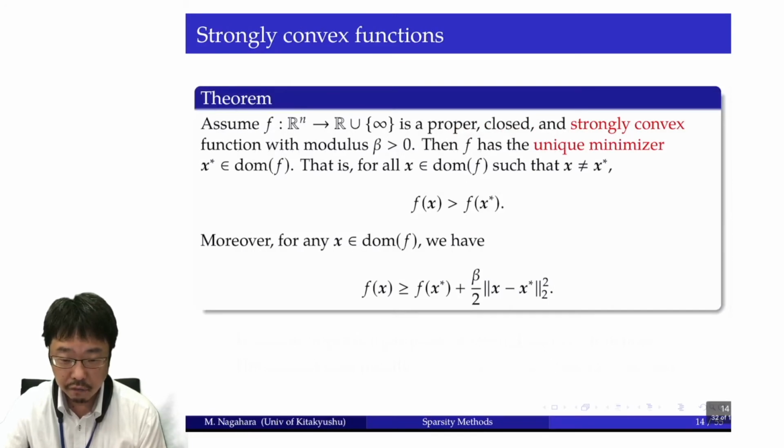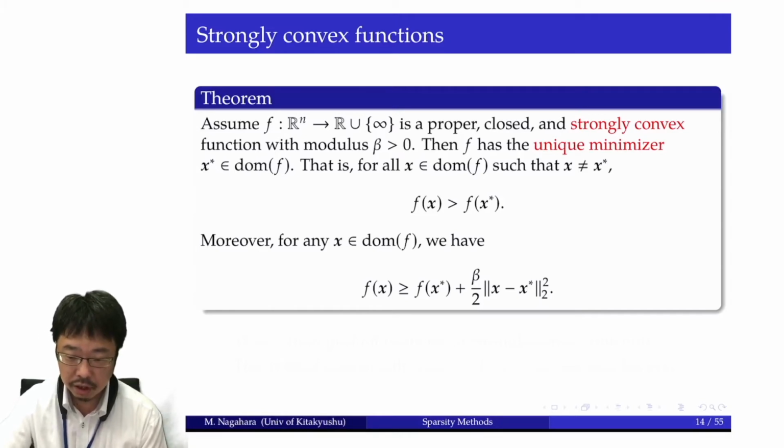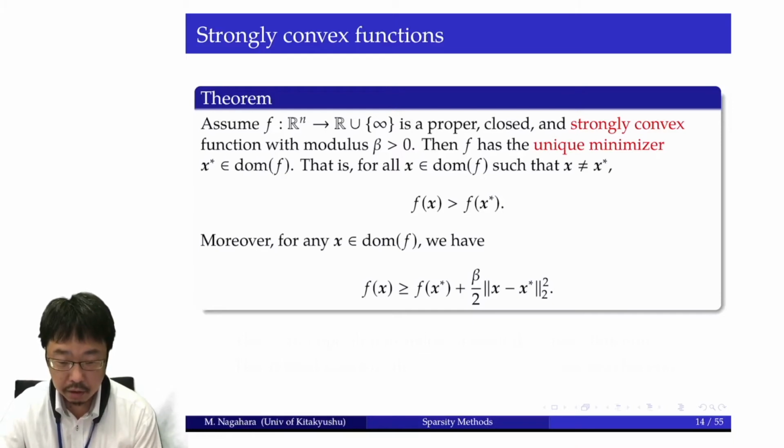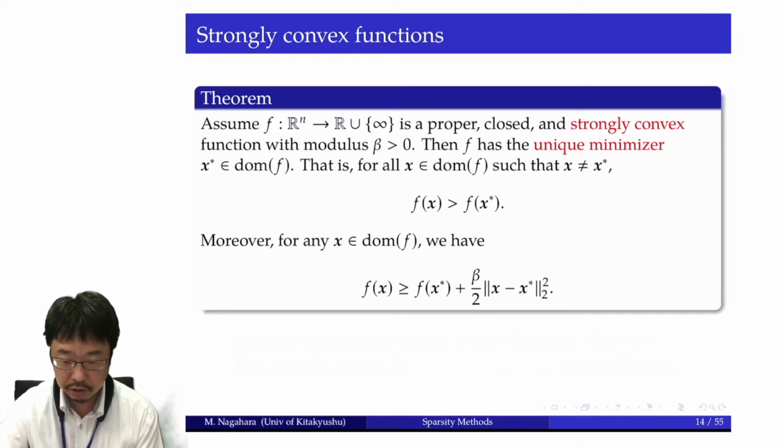For strongly convex functions, we have this theorem. Assume f is a proper closed and strongly convex function with modulus beta. Then f has the unique minimizer x asterisk in domain f, that is, for all x in domain f such that x is not equal to x asterisk, f of x is strictly greater than f of x asterisk.